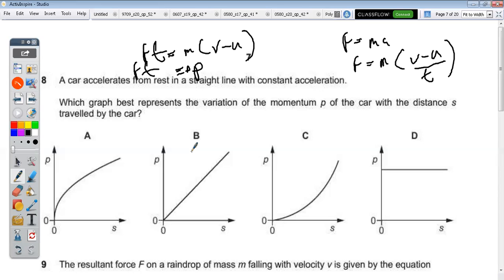I think it's B. Why do you think it's B? Because if the change in momentum is constant, then, like, do you mean it's constant? Like, the change is like, no, wait. Okay, I think it's B or D, between the two.